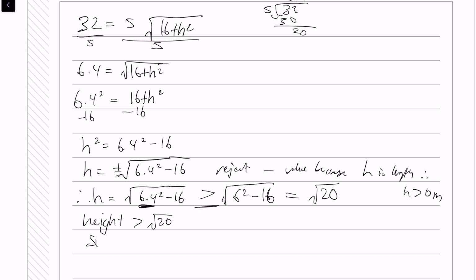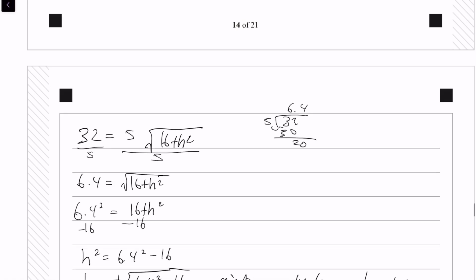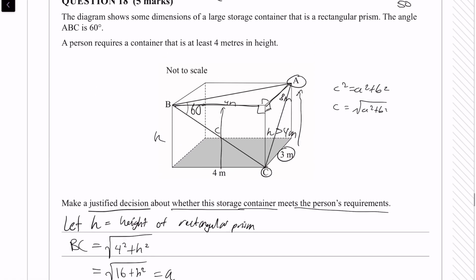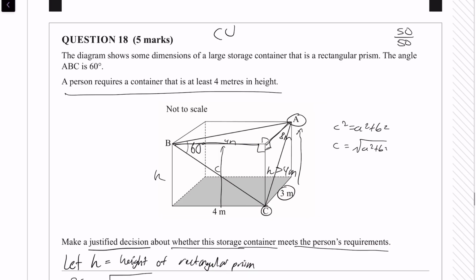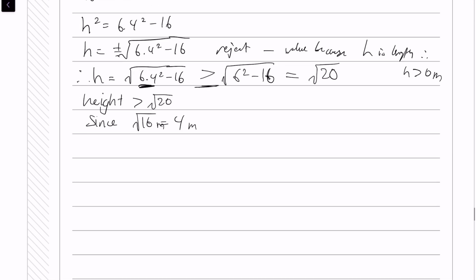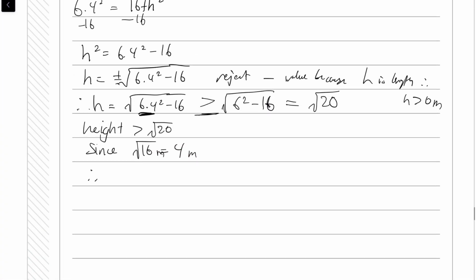But since the square root of 16 is equal to 4 meters, in terms of meters, which is the minimum height requirement that the person requires, then we know automatically that the height of the container definitely is going to be greater than 4, or the square root of 16, because we're doing that relative to the square root of 20.